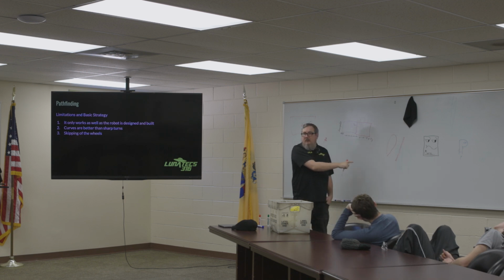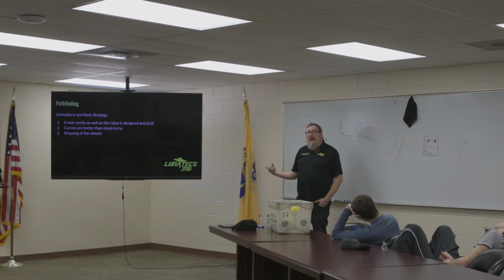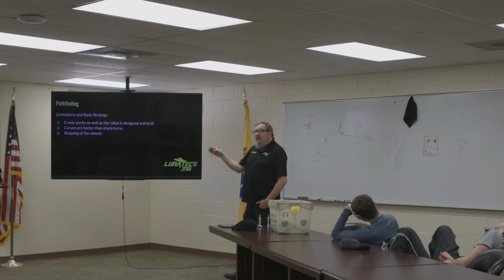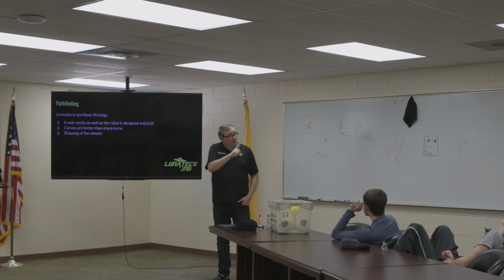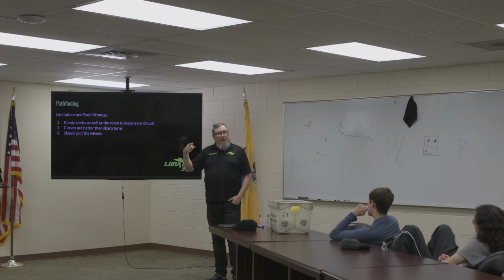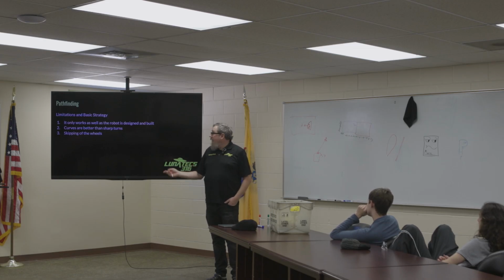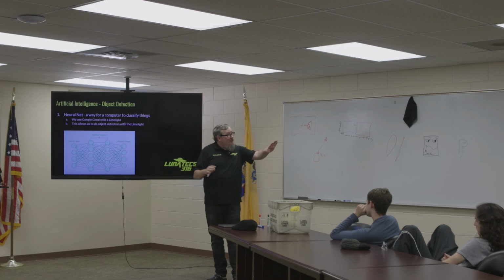Does that make sense? So when we're designing our paths, we like to design with curves to keep moving, to never slow down. All right, we're almost done. Lastly, if wheels skip, and this does happen when you hit things, your estimations will go off.